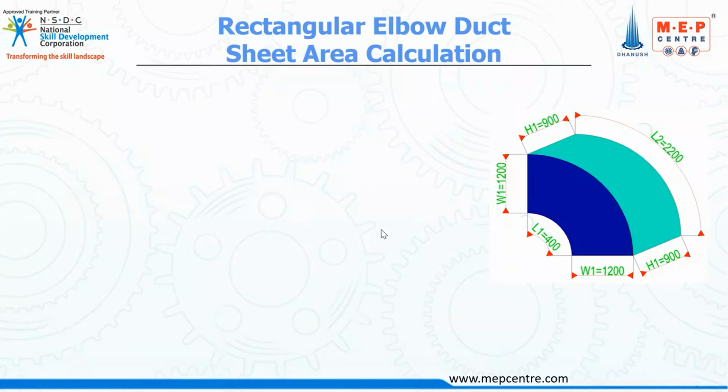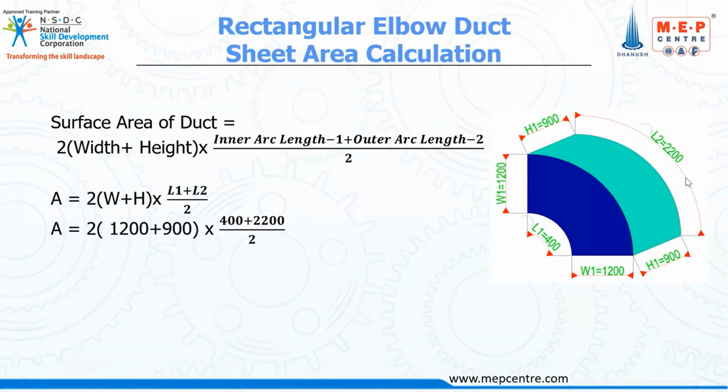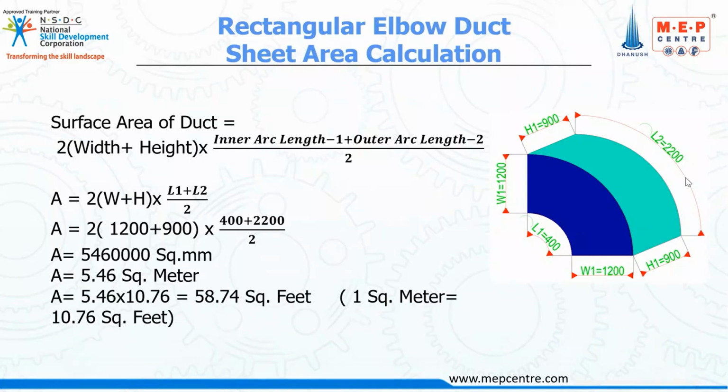Arc length has to be measured, and its radius taken. So the formula is 2 into width plus height into inner arc length plus outer arc length divided by 2. So we are just doing the length and finding the values here. Okay, take a note fast.